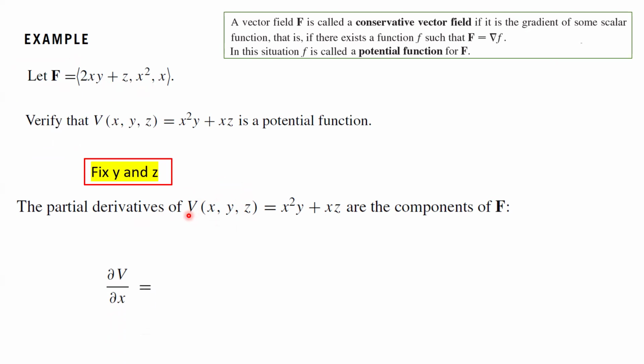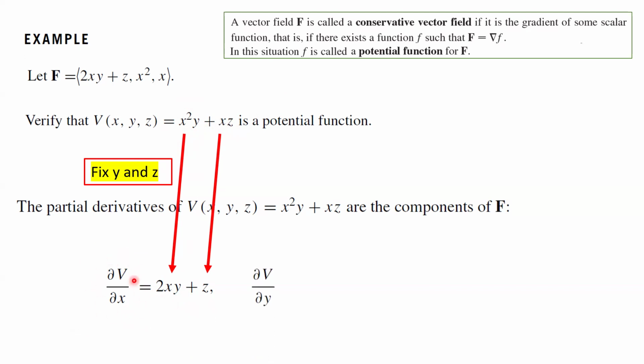It is equal to 2 times x times y, which is the partial derivative of x squared y with respect to x, since y and z act like constants. Then we take the partial derivative of xz with respect to x, which is just z. So this is the partial derivative of v with respect to x.